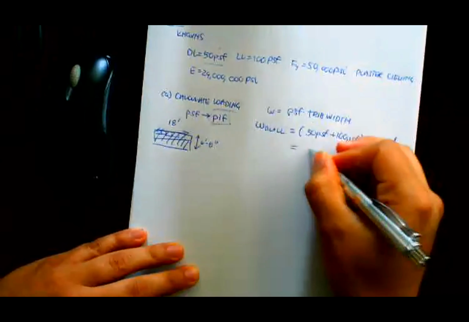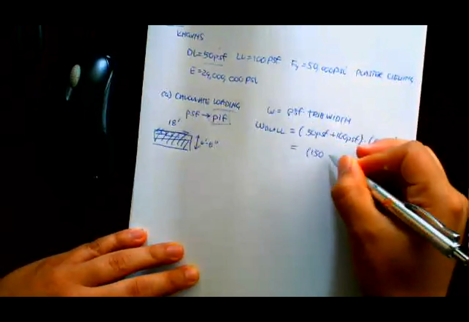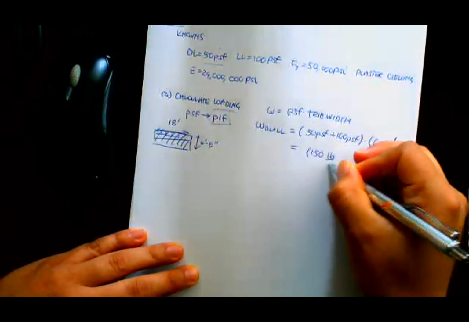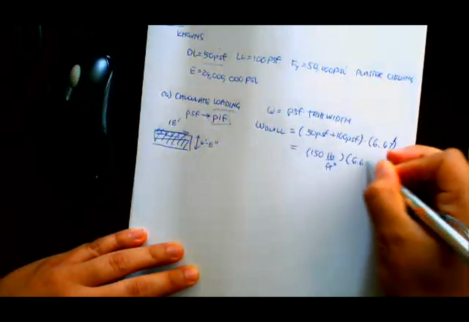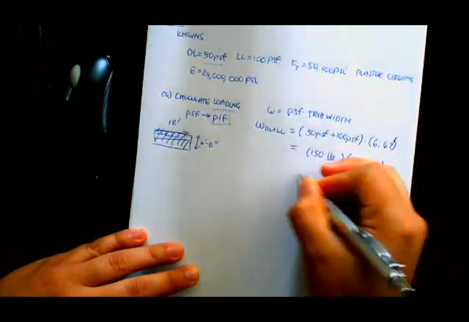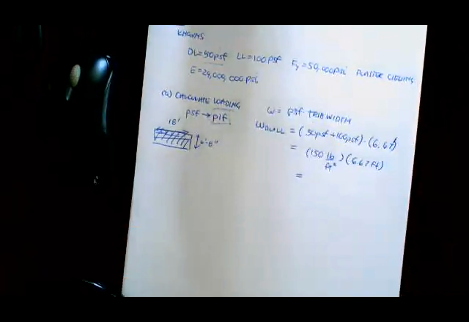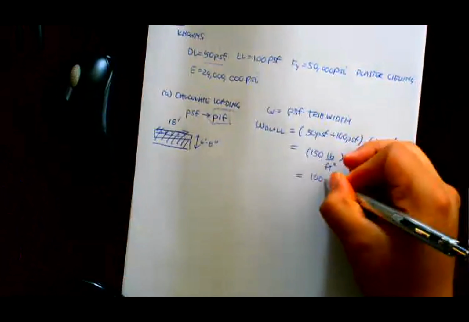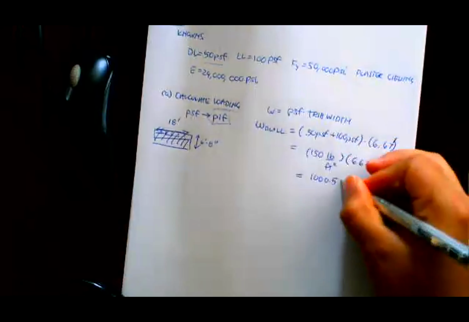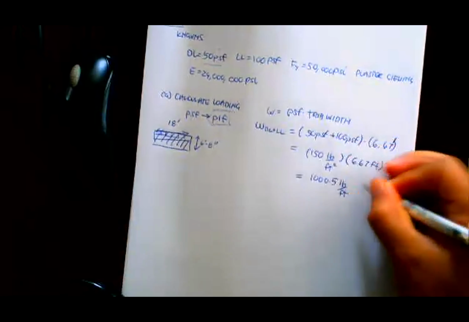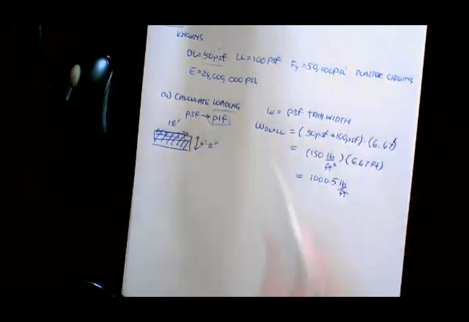So that's going to mean 150 pounds per square foot times 6.67 feet. 150 times 6.67 gives me 1,000.5. One of the feet cancels out, leaving pounds per foot, which is PLF.